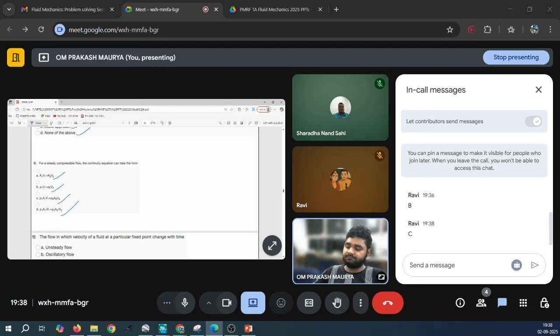Okay, Ravi is telling option C. Yes, option C will be correct, because for incompressible flow rho will be constant. Once rho is constant, you can cancel it from both sides. But for compressible flow, rho is not constant, so you will go with this.